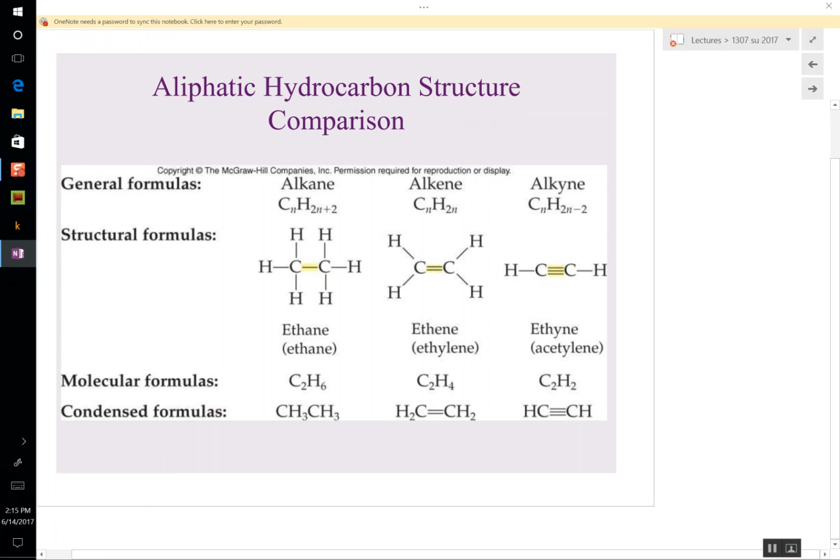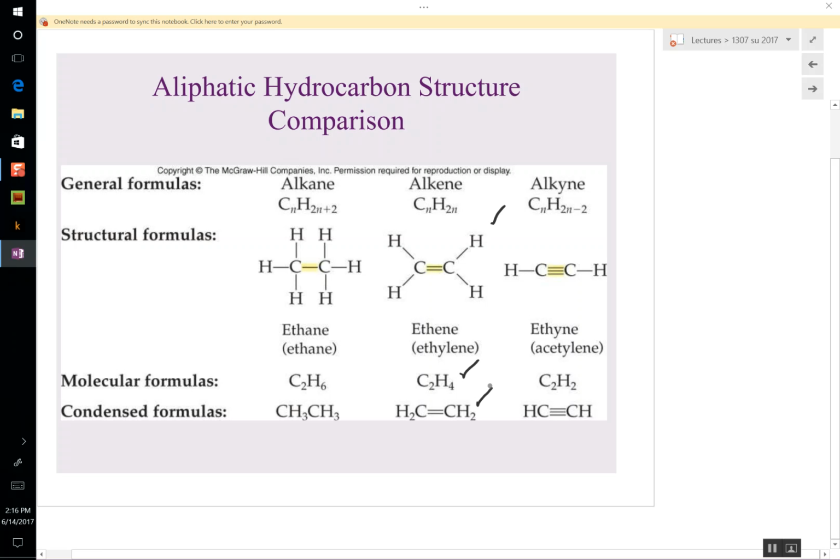Okay, this slide's kind of good because it shows you a 2-carbon alkane, ethane, a 2-carbon alkene, ethene, and a 2-carbon alkyne, ethyne. You've got the structural formula right here, the molecular formula right here, and a condensed formula right here.